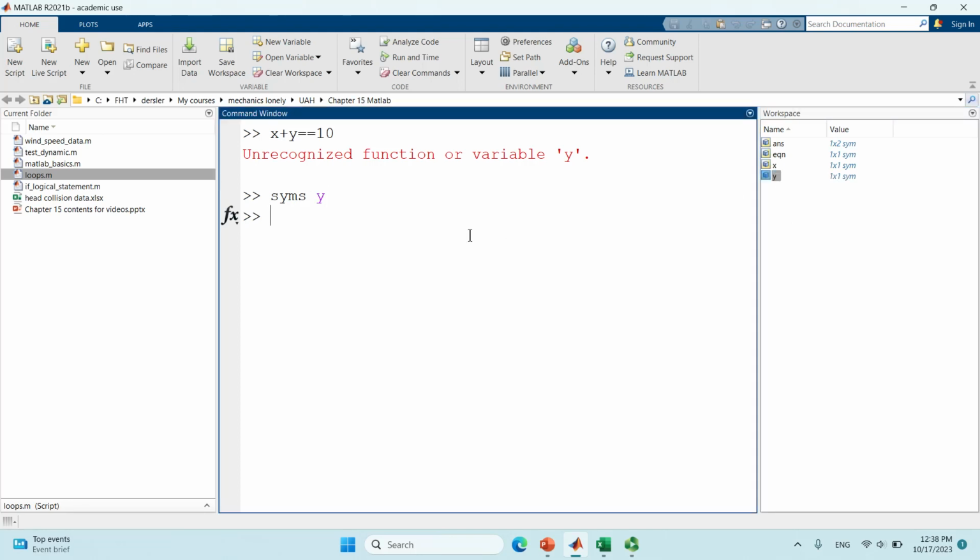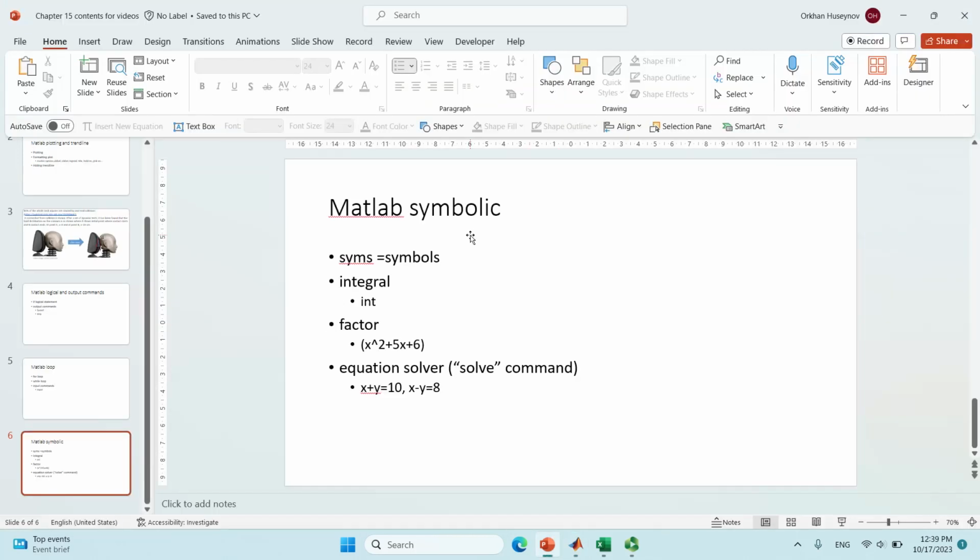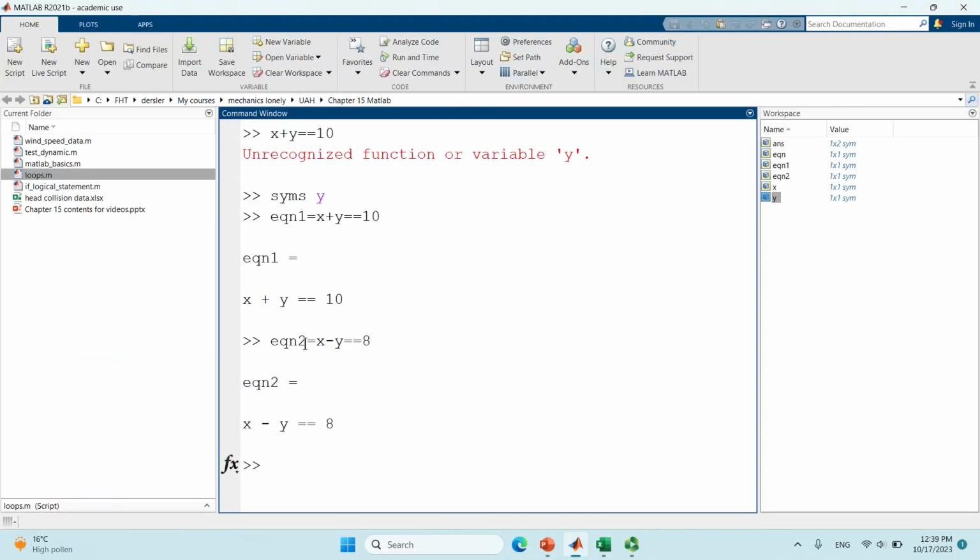So I will now tell what my equations are. Say that equation 1 is x plus y is 10. Equation 2 is x minus y is 8. Okay, this is how you insert the equations. So you just use the double equal sign here.